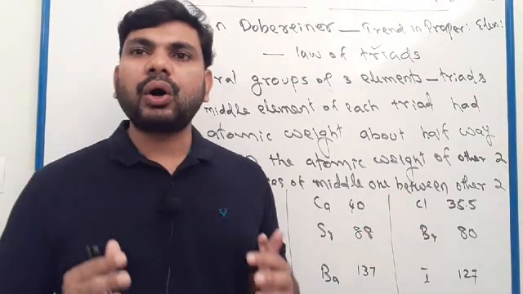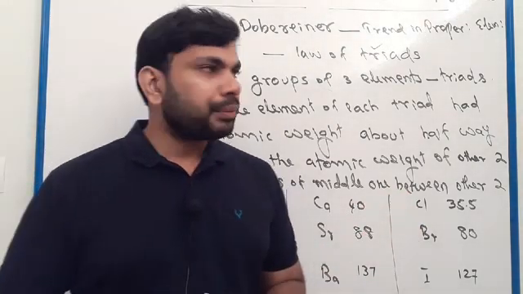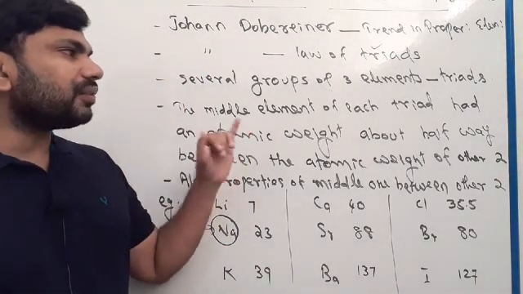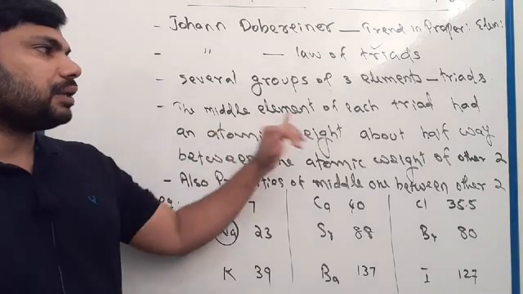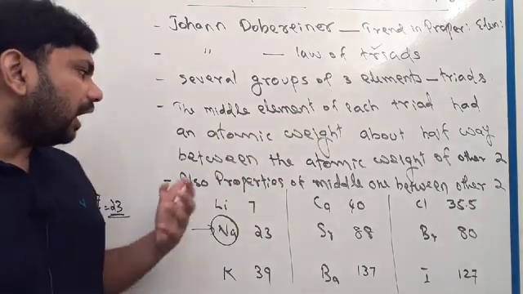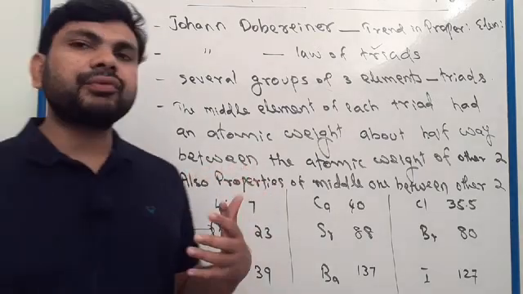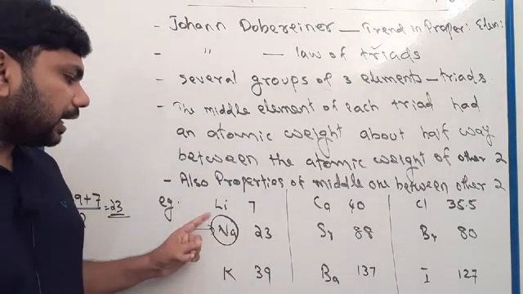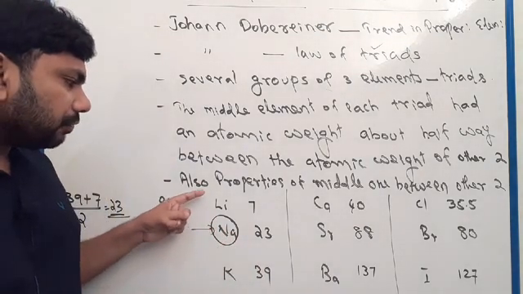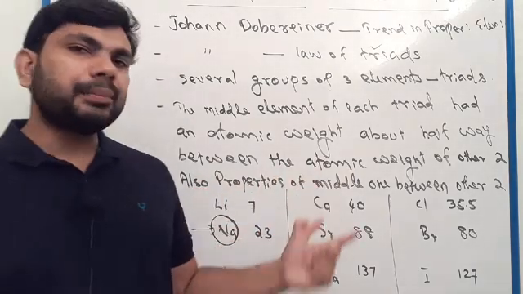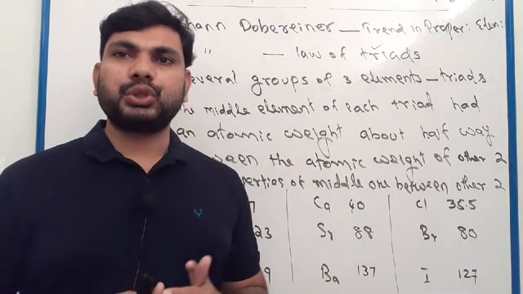That is the law of triads. According to the law of triads, the middle element of each triad had an atomic weight about halfway between the atomic weights of the other two. Also, the properties of the middle element will be the average of the other two.